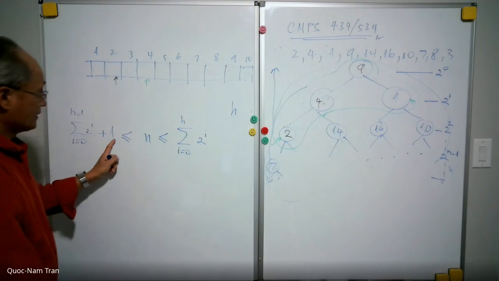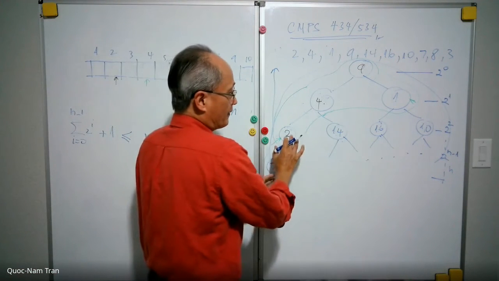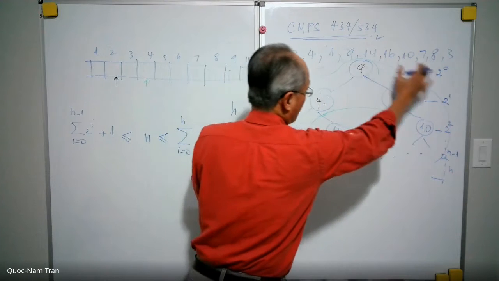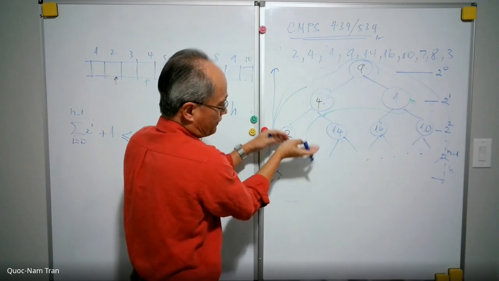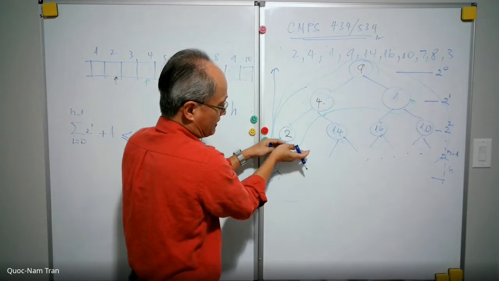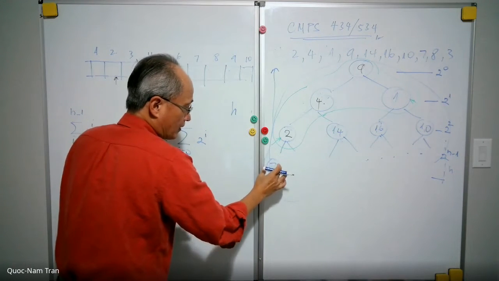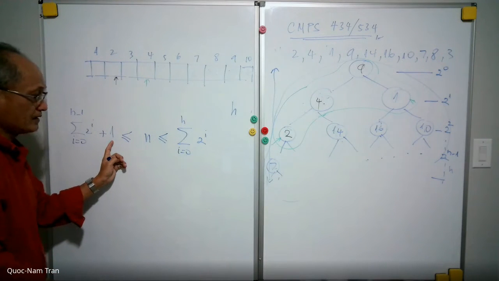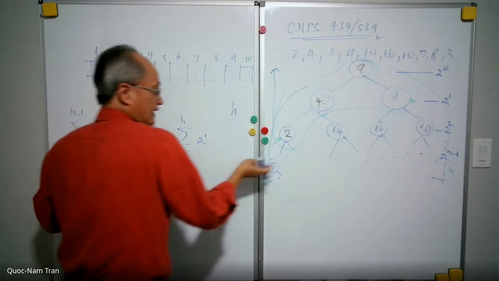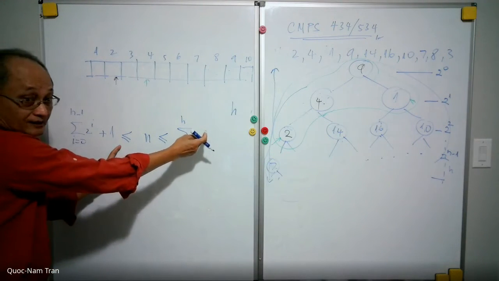So n is bigger than or equal to the sum of every node up to the level before the last, and the smallest case is one node on the last level, and the biggest case is when the last level is full, meaning 2 to the power h.